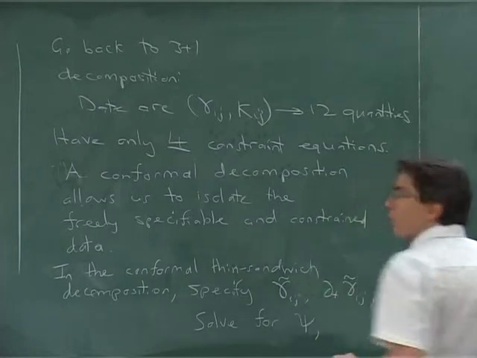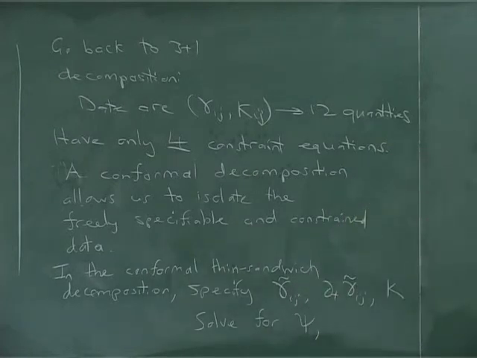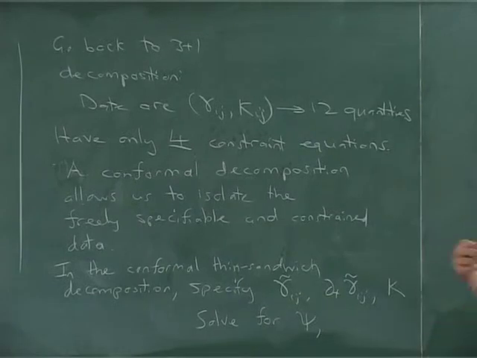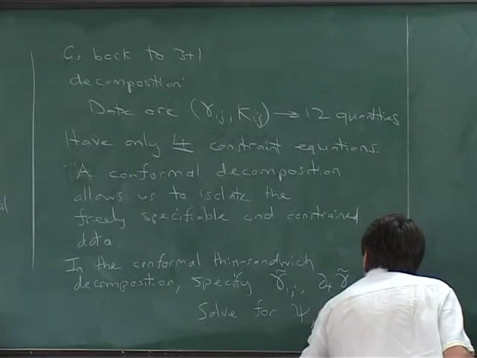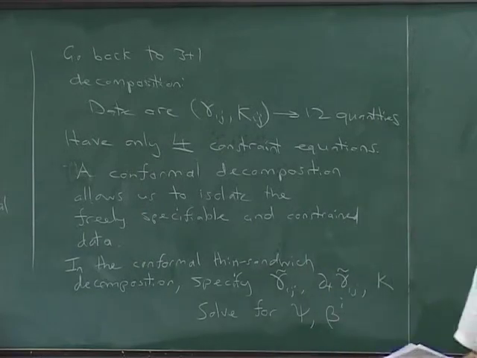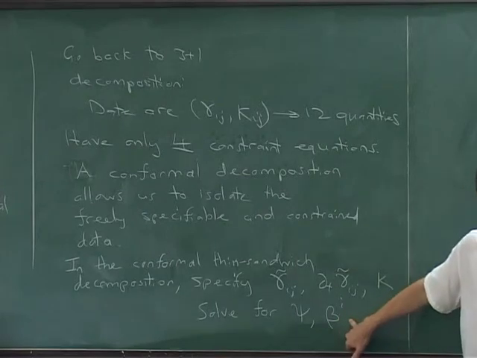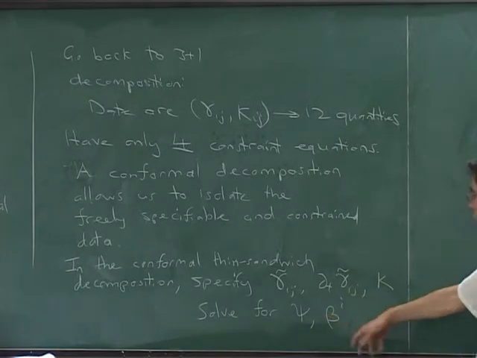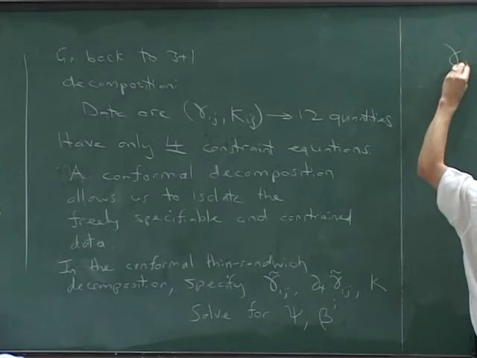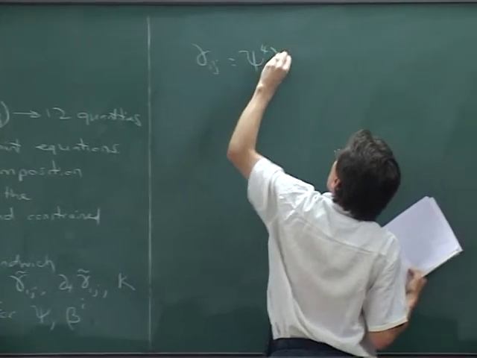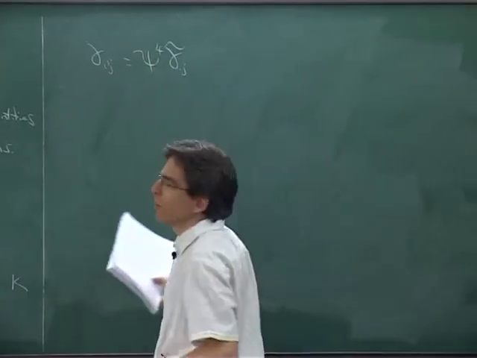You solve the Hamiltonian constraint for the conformal factor, and the momentum constraint. The nice thing about this particular decomposition is that the momentum constraint is now a vector constraint for something which can be interpreted as the shift vector. This doesn't actually have to be the shift vector you use in an evolution, because you're talking about initial data here. But this particular vector then allows you to construct the data. So now you have gamma ij. You reconstruct your physical data this way.